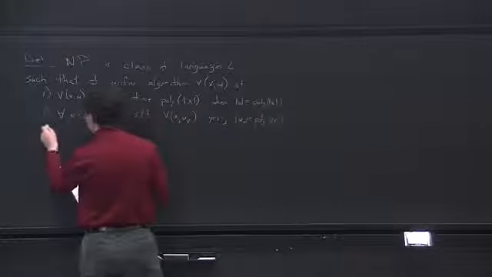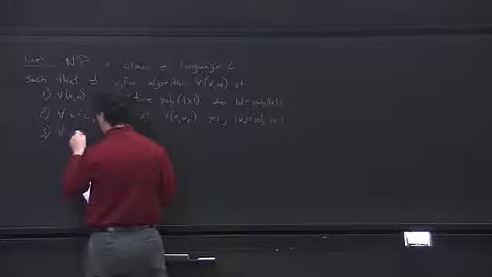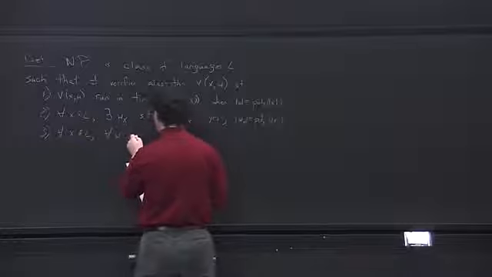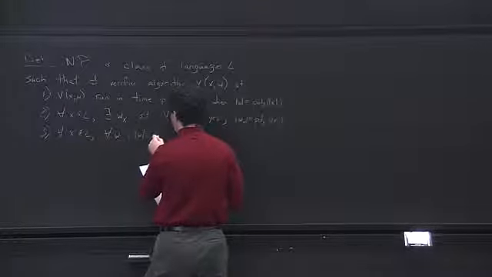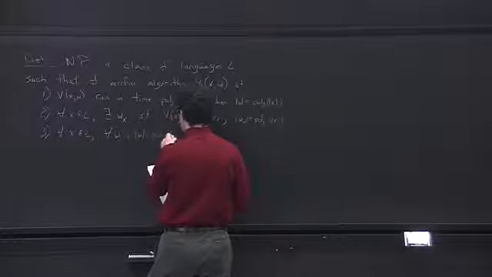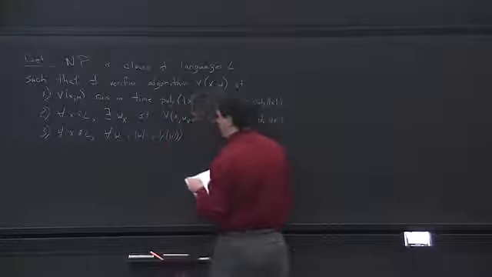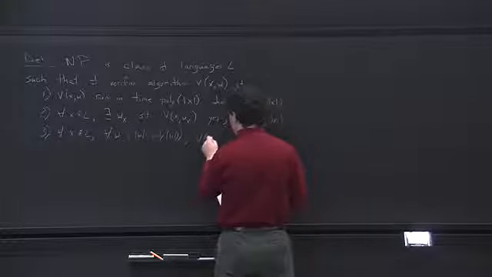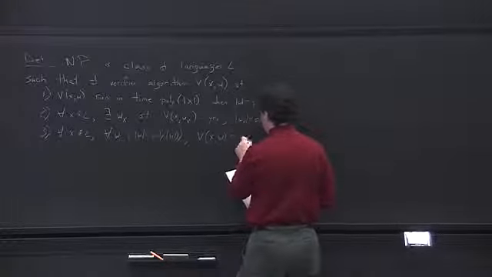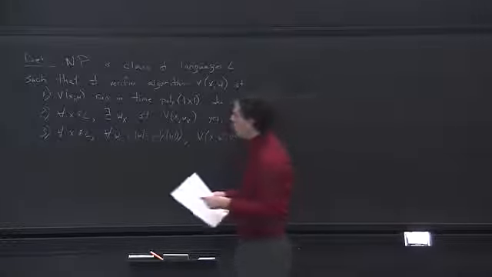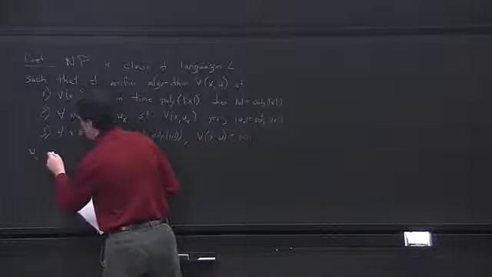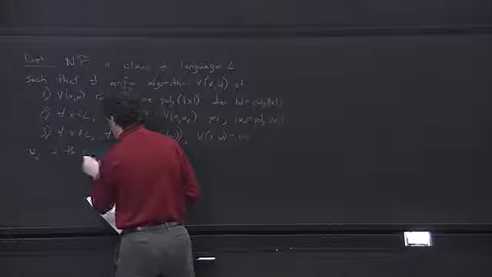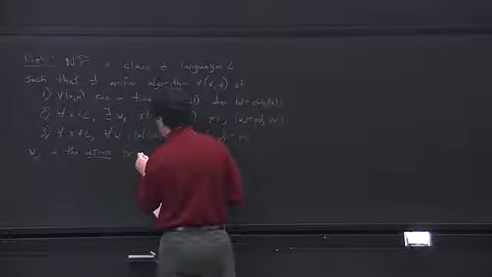And then finally, if x is not in the language, then for all w of polynomial size, it should be the case that V of (x, w) will output no. Okay, so this w_x is known as the witness for the yes instance x.